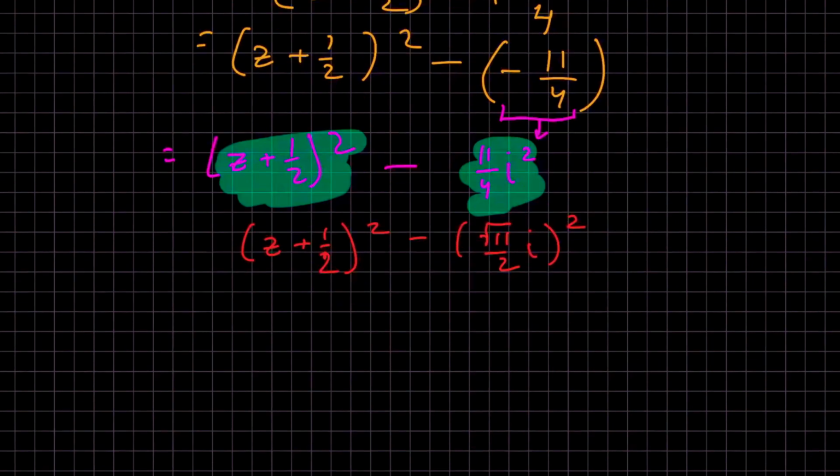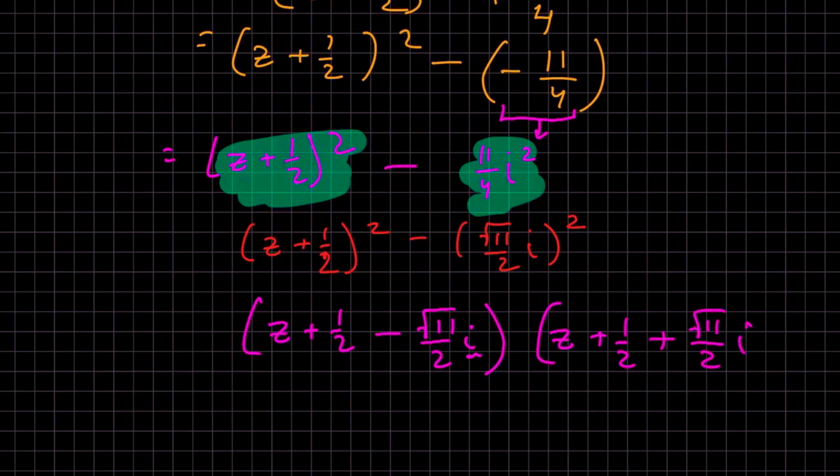Using our difference of two squares knowledge, we know that this equation can be factorized into z plus 1 over 2, so this is your first square, minus square root of 11 over 2 i, and our second factor would be z plus a half, so again from over here, this time plus square root of 11 over 2 i.